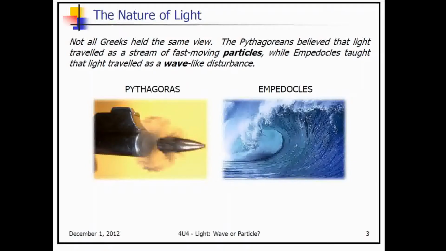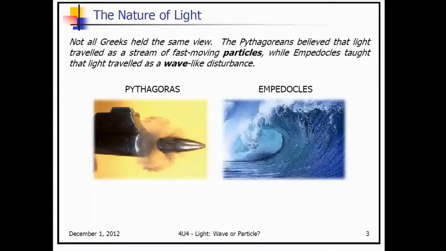There were other Greeks that had different ideas, and Pythagoras, his followers were called the Pythagoreans, and you know him from his theorem, of course, a squared plus b squared equals c squared. But when he spoke about light, he imagined light as a stream of fast-moving particles.